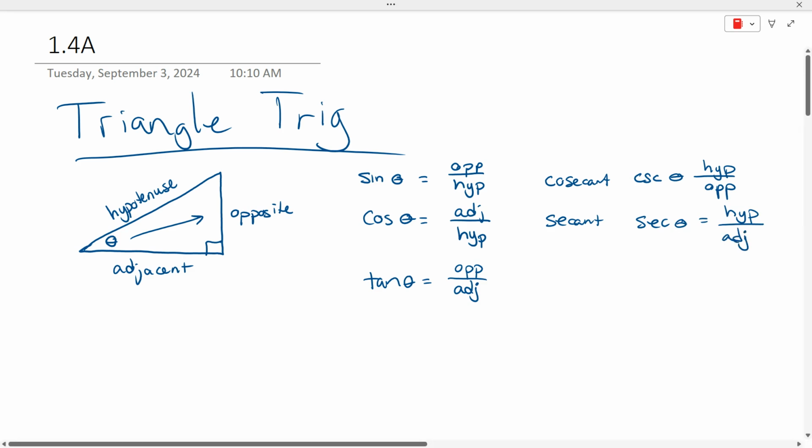Just the reciprocal of what we had with cosine. And the cofunction of tangent is cotangent. So the cotangent of our angle is the adjacent over the opposite.